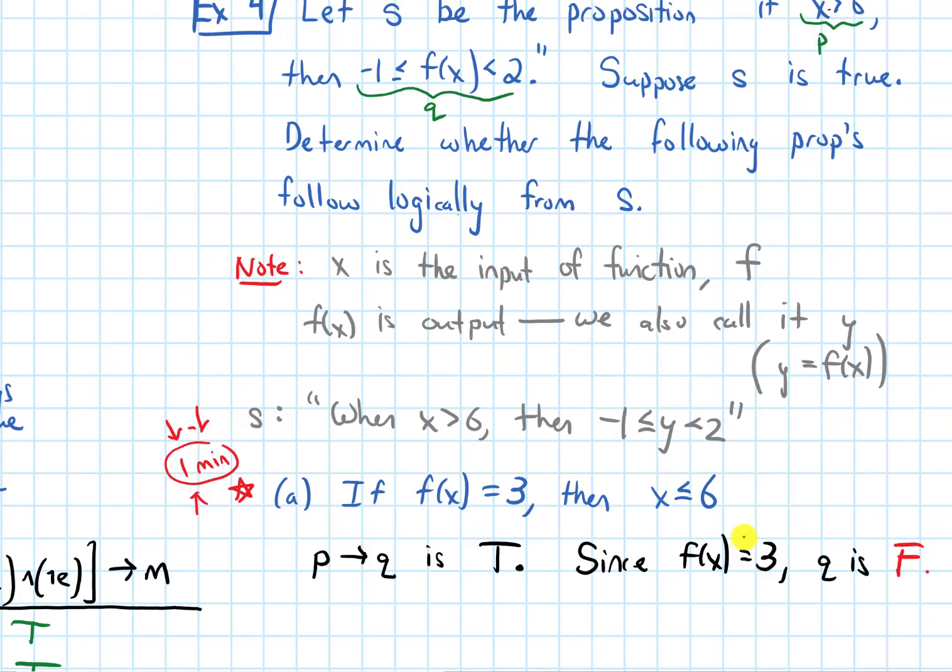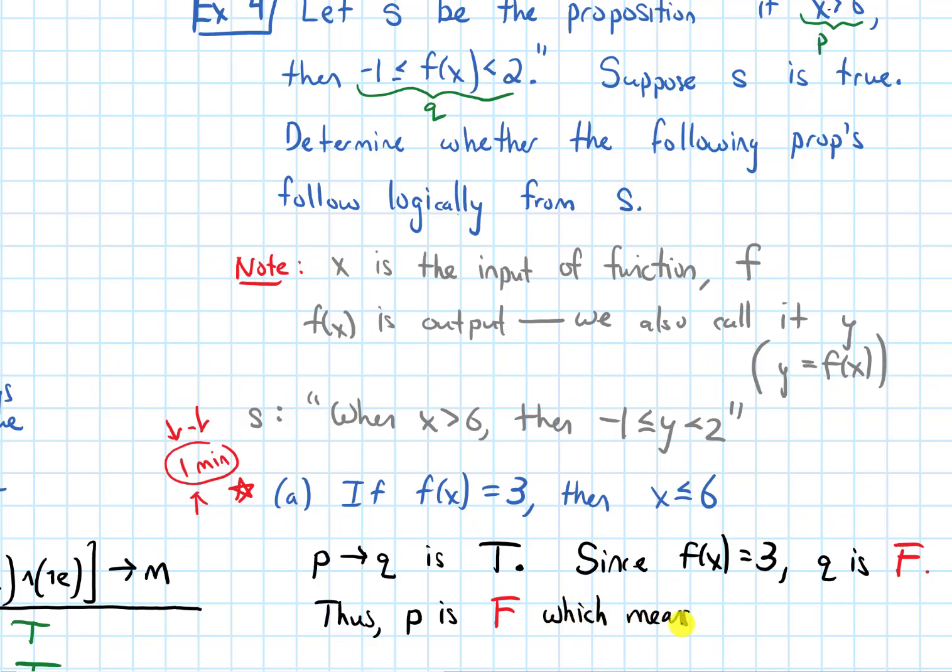Because 3 is outside of that range of values that f of x is allowed to take on here. And because Q is false, thus I can conclude that P is false. That was that contrapositive condition.